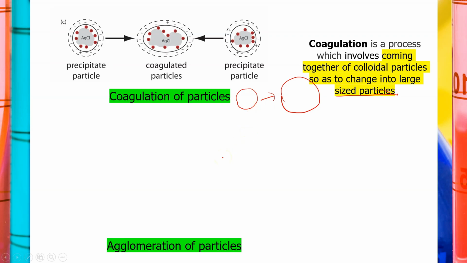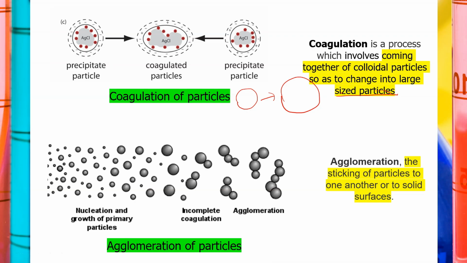Next, we look into the agglomeration of particles. This process occurs when the particles stick to each other on the surface of the particle to form a large crystal product. For example here, when two particles of product stick to each other and then continuously stick to each other, they can produce a large particle of crystal.